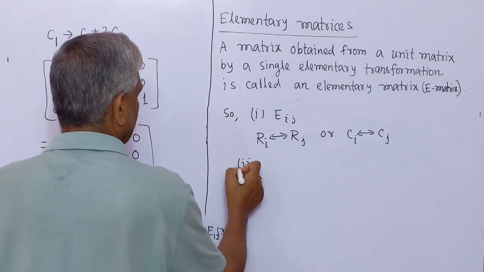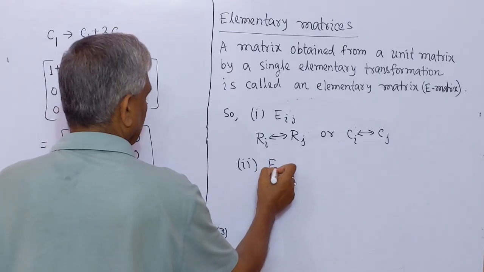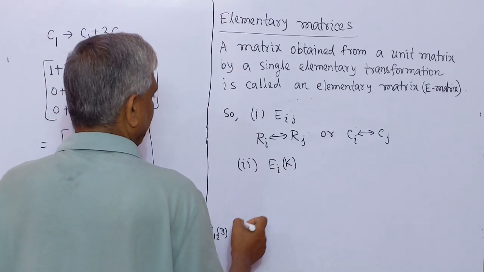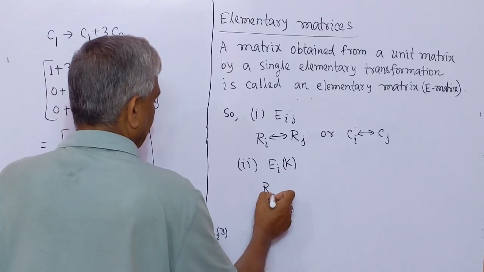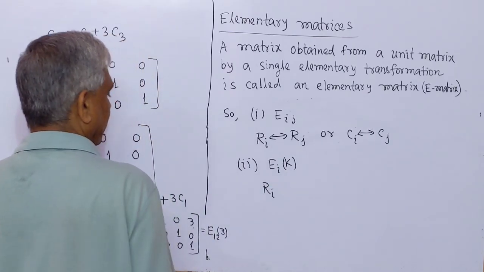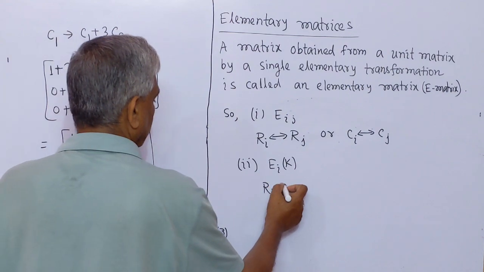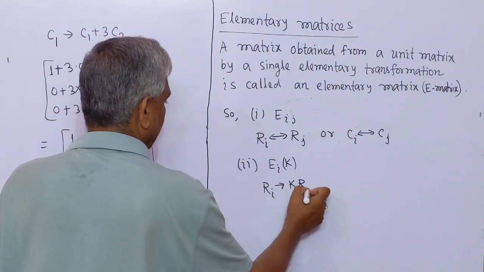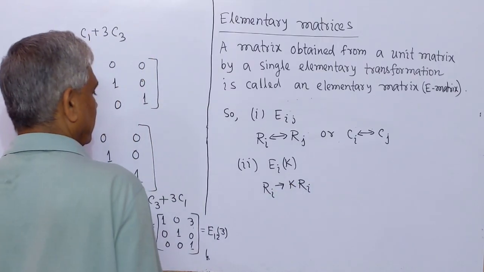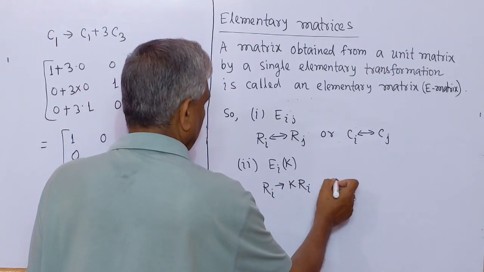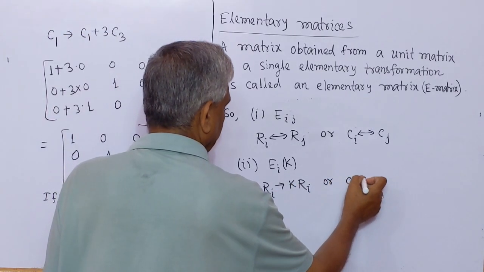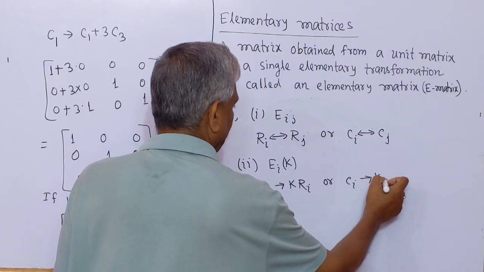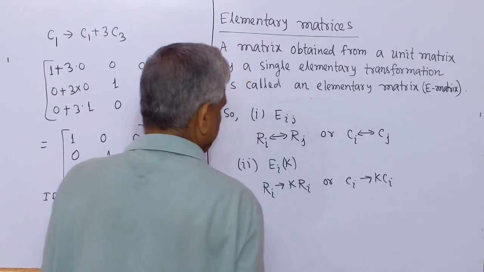Number 2: the elementary matrix Eik is obtained by the ith row being changed into K multiplied by Ri, or the ith column being changed into K multiplied by the ith column.